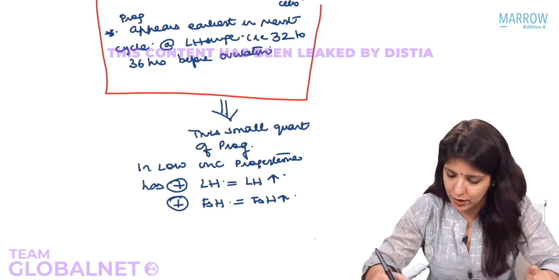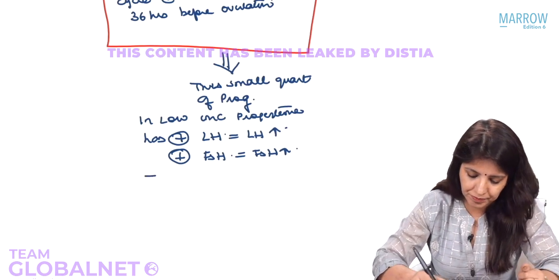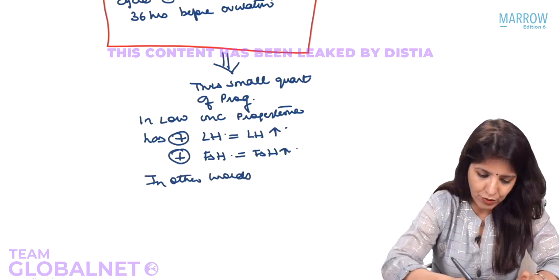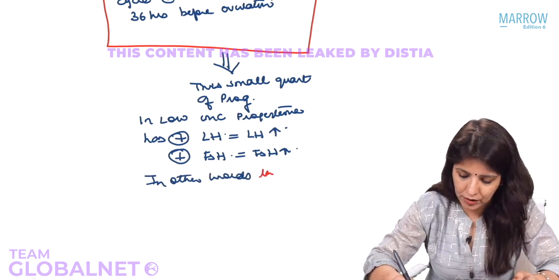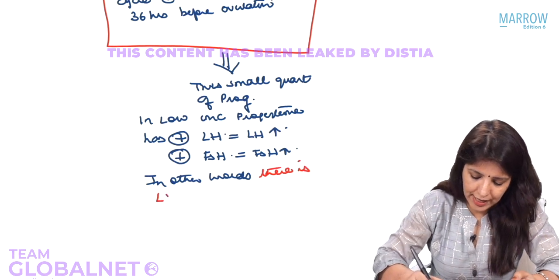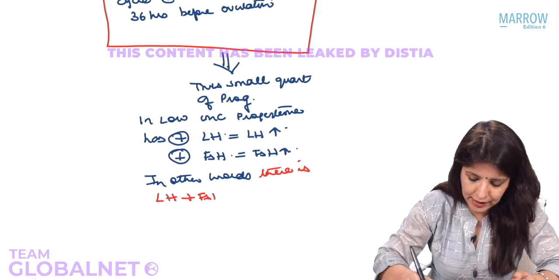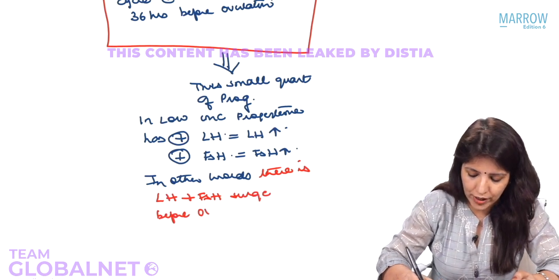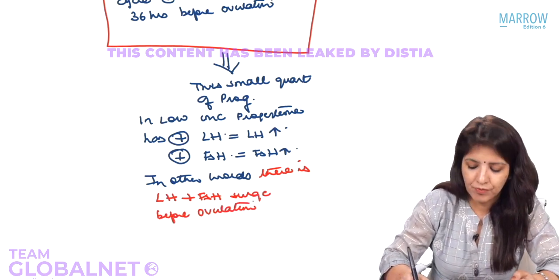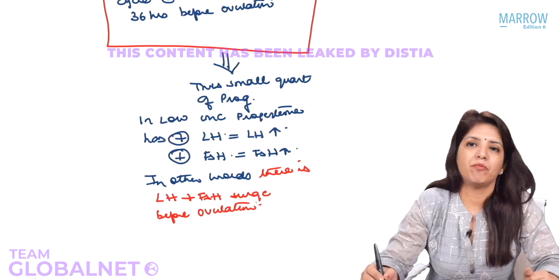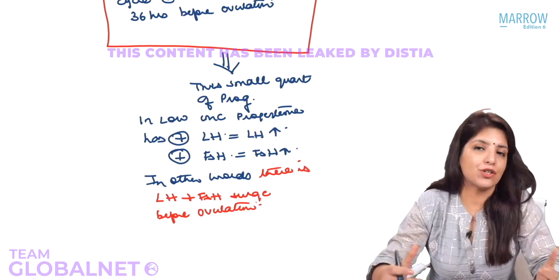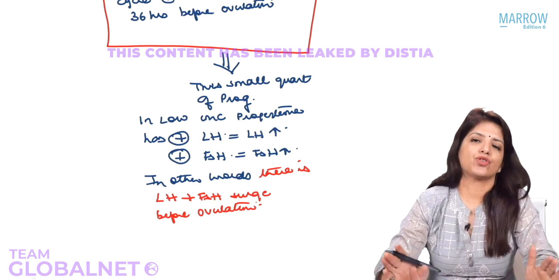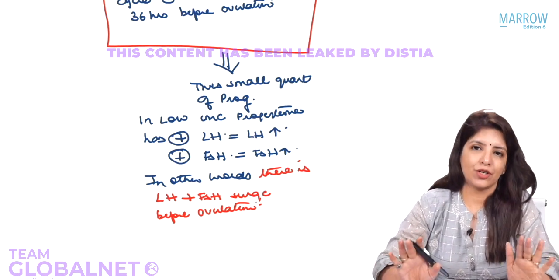So in other words, now this line is important: there is an LH plus FSH surge before ovulation. Very, very important. So there is not only an LH surge before ovulation, there is an LH and FSH surge before ovulation.